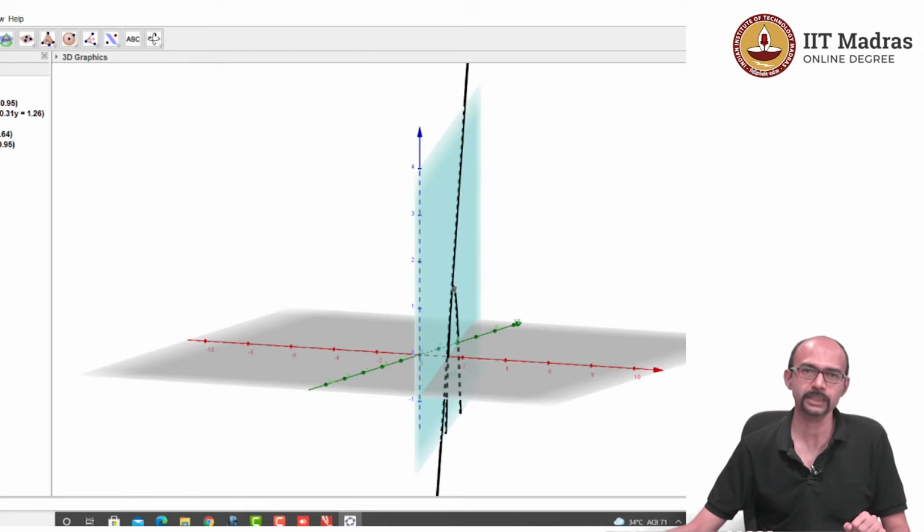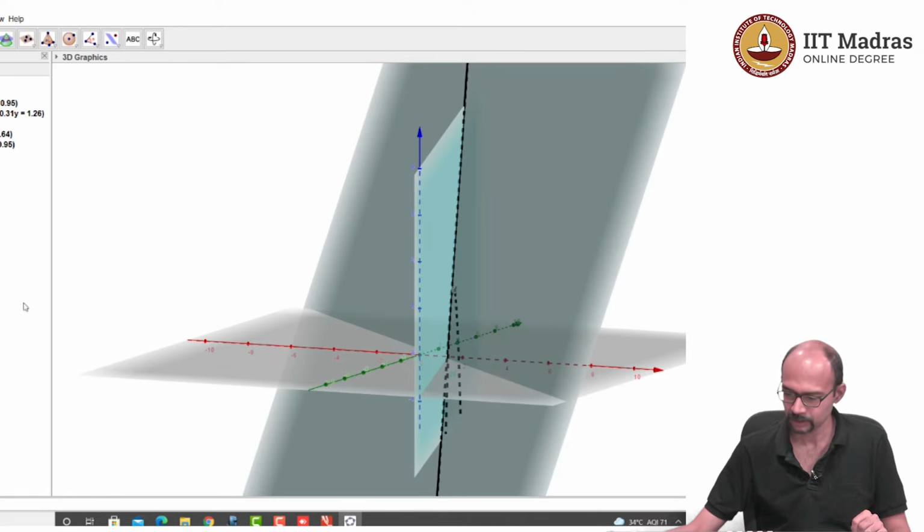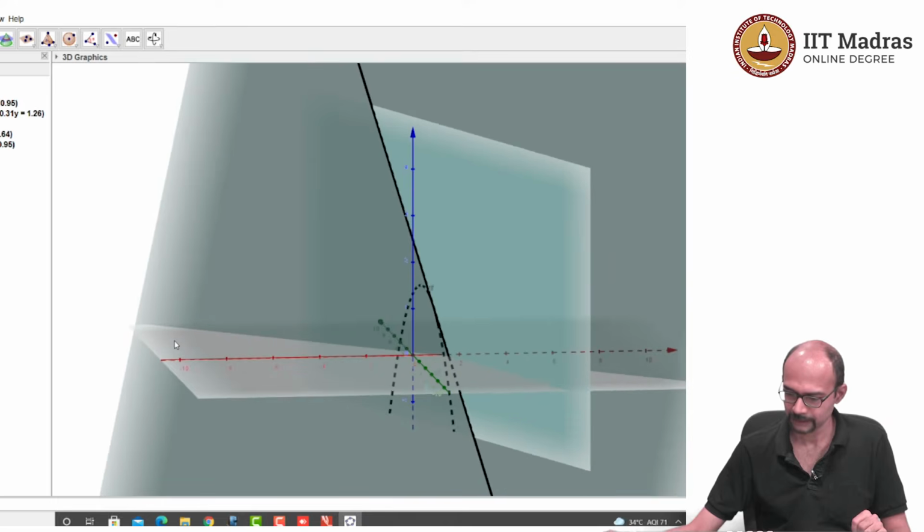Let us look at that equation that we just had, which was z minus f(a, b) is del f del x at (a, b) times x minus a plus del f del y at (a, b) times y minus b. So, how does that look like? So, here is that plane, okay.